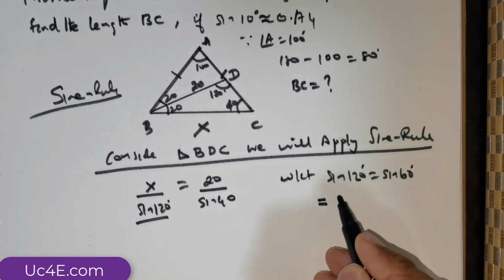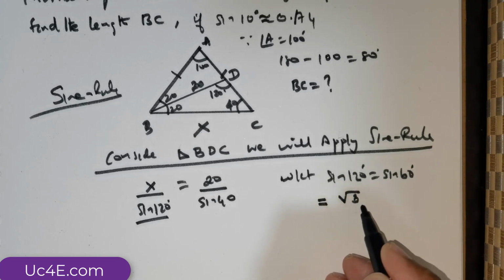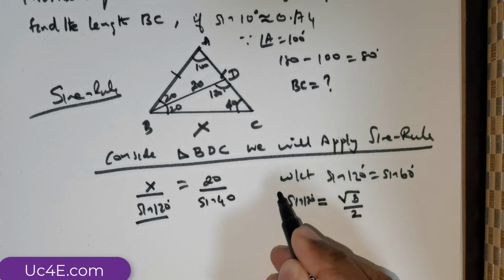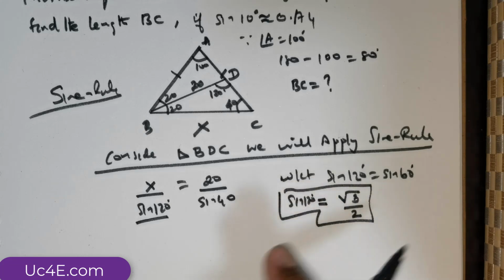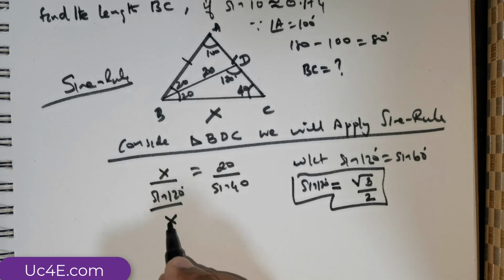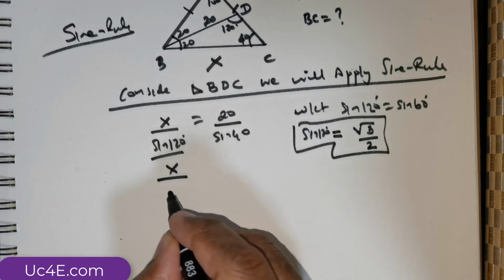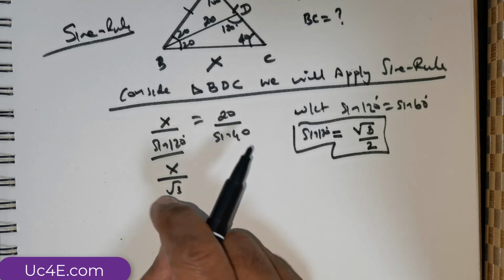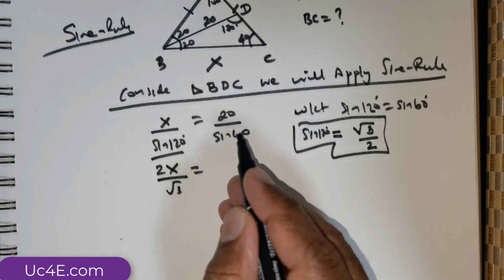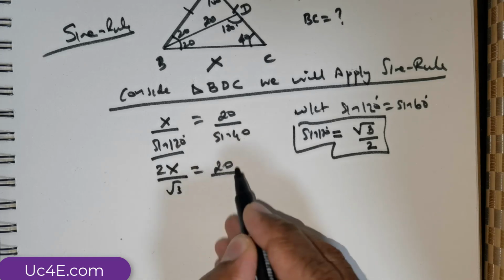And sine 60 is nothing but root 3 over 2. So I have now got the sine 120 value. So I would like to take this value and place it here. So that would be X over root 3 over 2. 2 can be flipped. It's going to be 2x over root 3 is equal to 20 divided by sine 40.